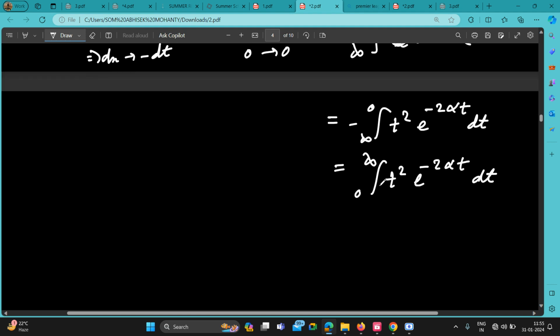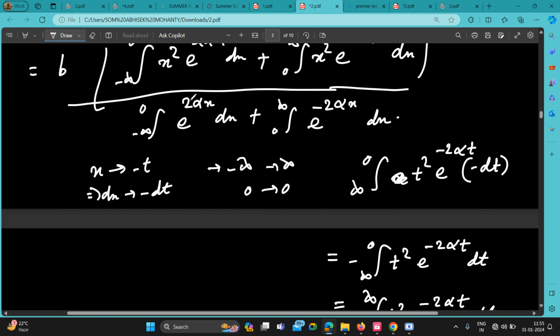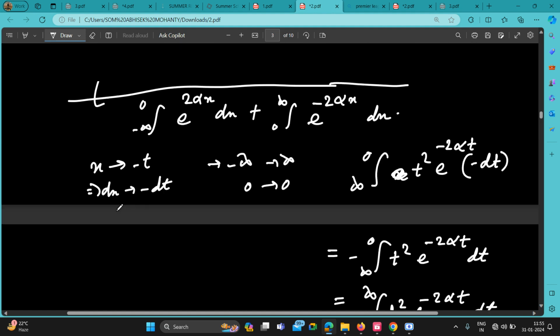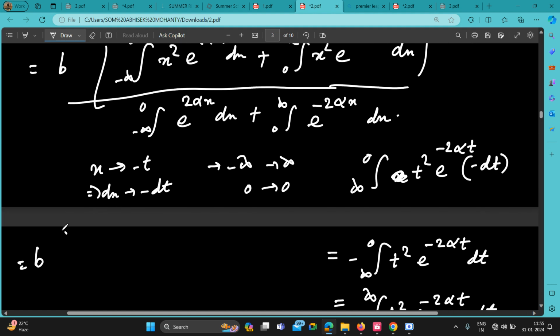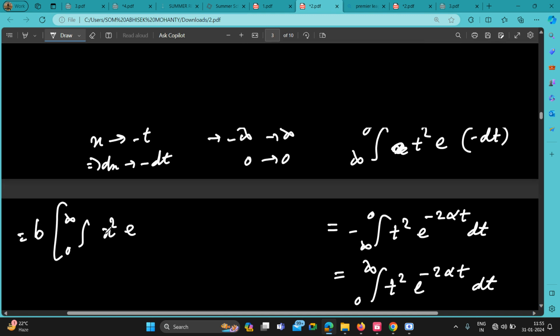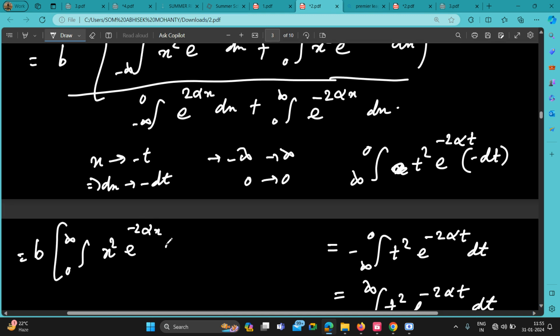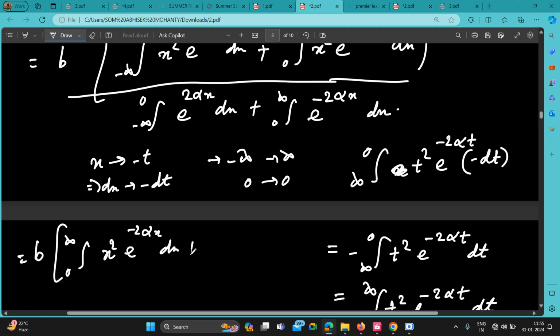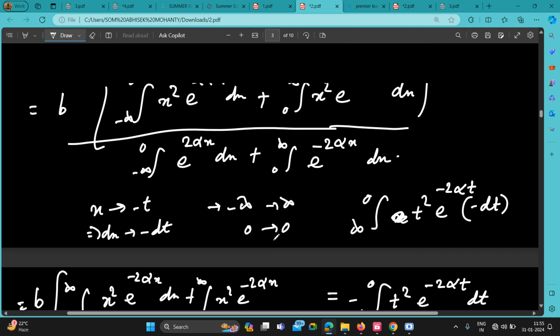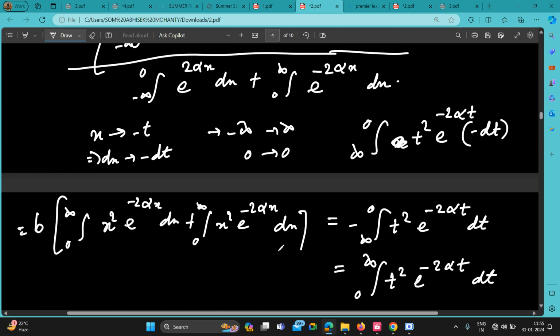Now I can change the variable inside and keep everything intact. That is the rule of integration. So eventually this thing has become this. I will write it: b times integration 0 to infinity x square e to the power minus 2 alpha x dx plus 0 to infinity x square e to the power minus 2 alpha x dx.